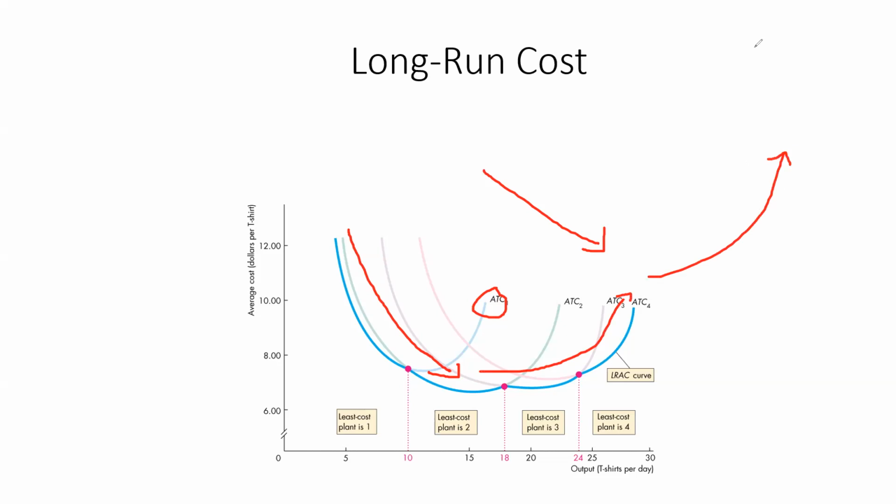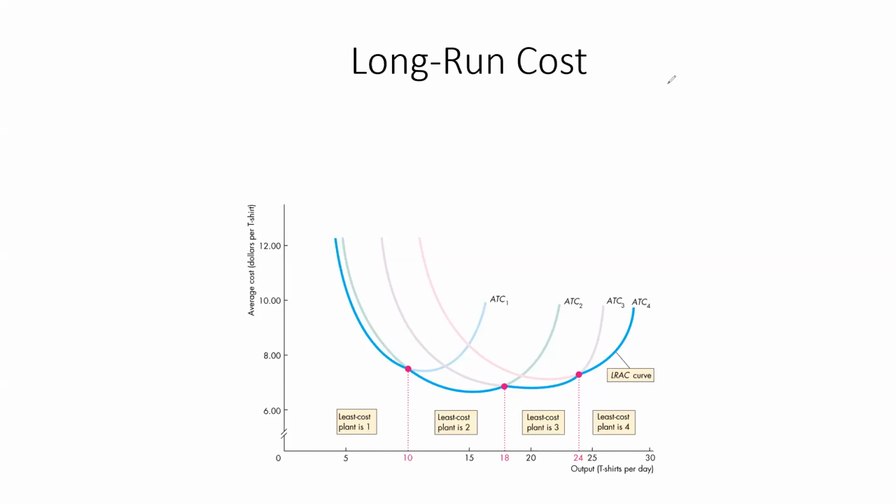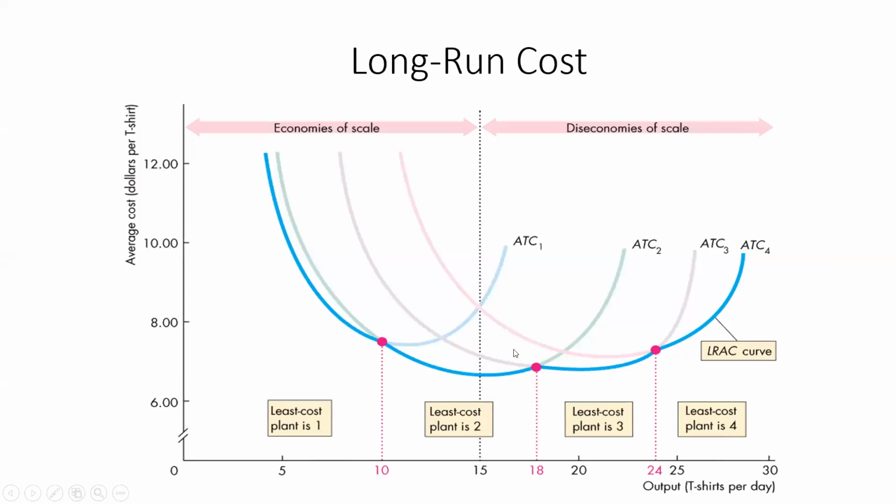You say you're suffering or you're facing diseconomies of scale. So economies of scale is where ATC is decreasing. Diseconomies of scale is where ATC is increasing. Moving on. So as I said, if your ATC is decreasing, it is economies of scale. If your ATC increases, it is diseconomies of scale.